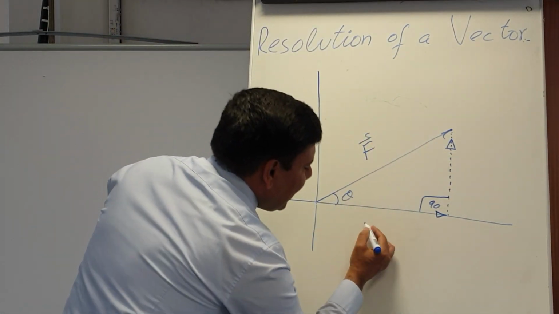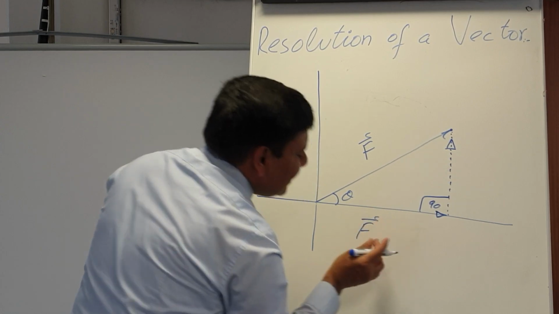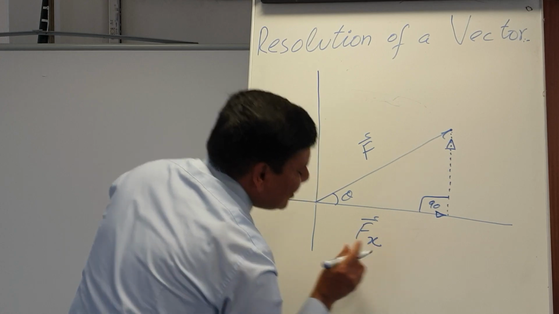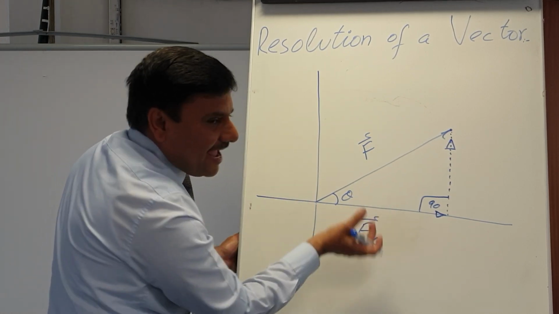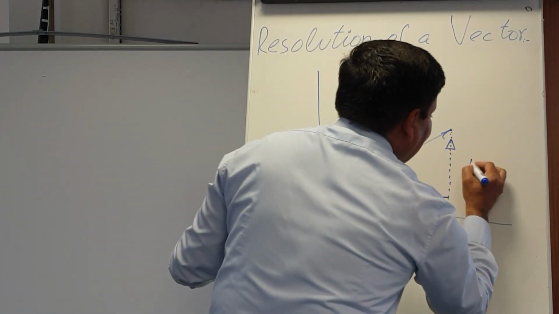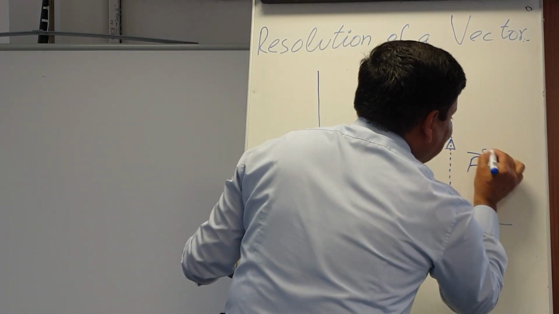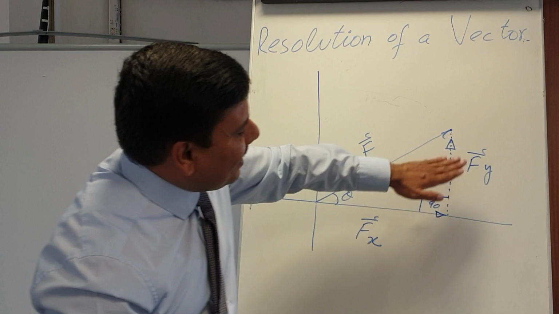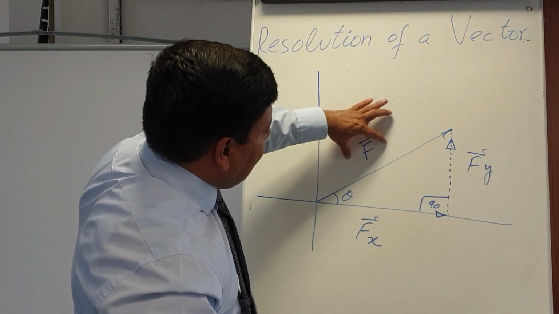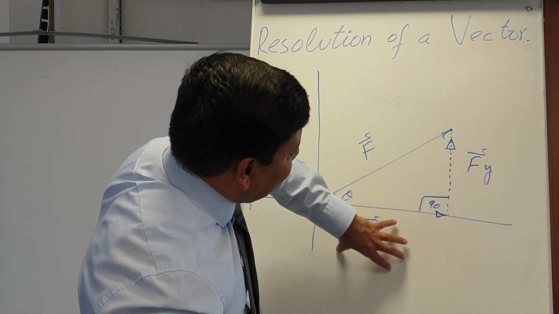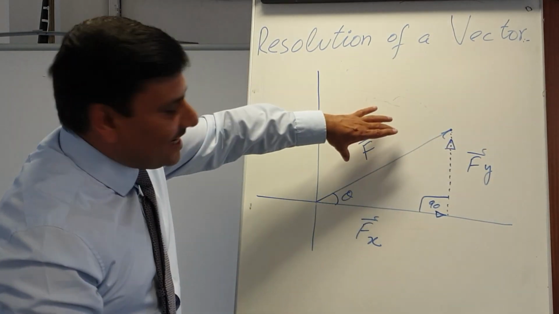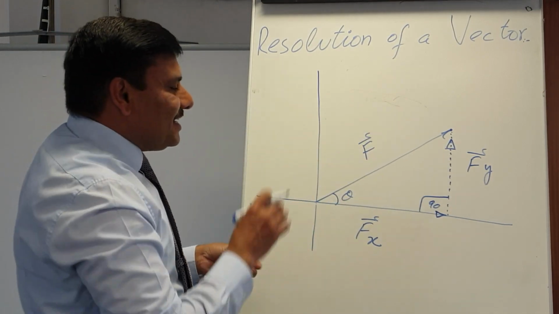This component which is along the x-axis is the component of F along the x-axis. So it will be called Fx, the component of F along the x-axis, and the component of F along the y-axis will be called Fy. So F is actually the combined effect of Fx and Fy, because this is the resultant vector, and you know what a resultant vector is?